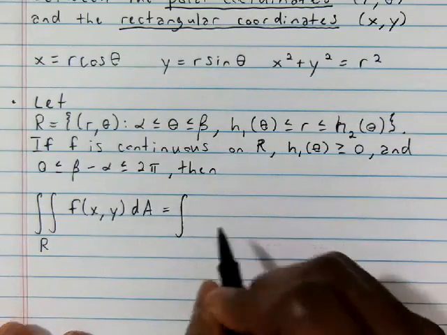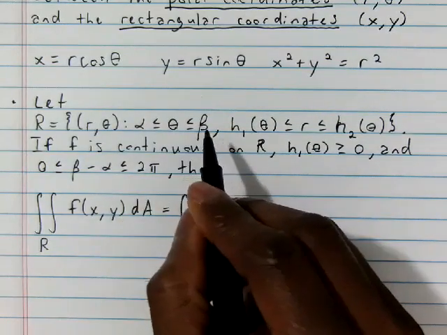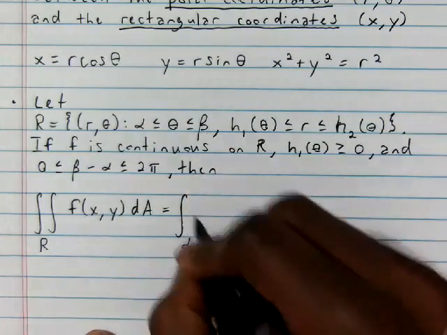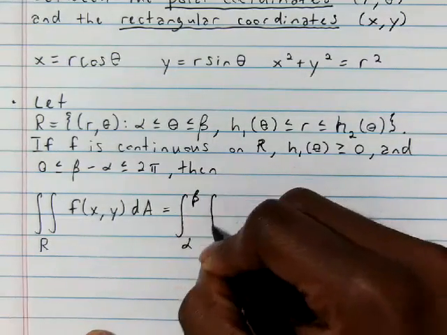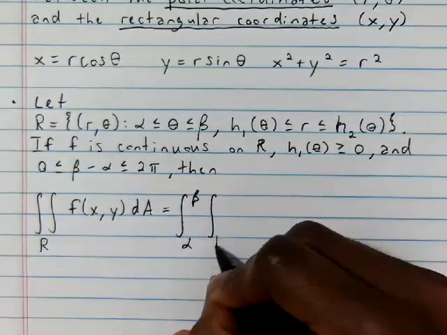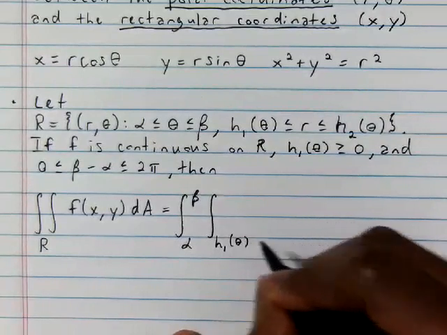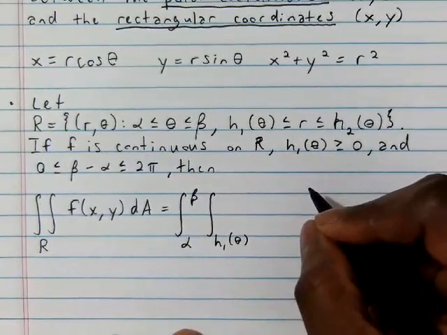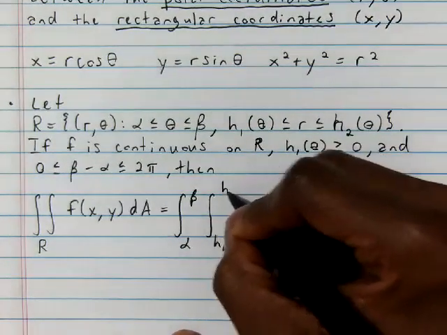So still our constants always go on the outside, from alpha to beta on the outside. Our functions go on the inside integral, so h1 of theta to h2 of theta.